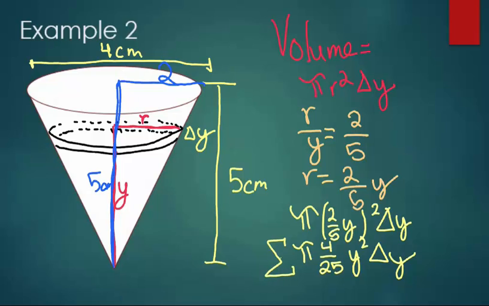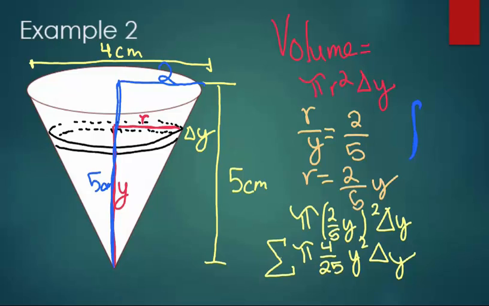And now we can let delta y go to 0, and we evaluate the definite integral from the lowest height to the highest. This is going to be from here, a height of 0, to here, a height of 5.